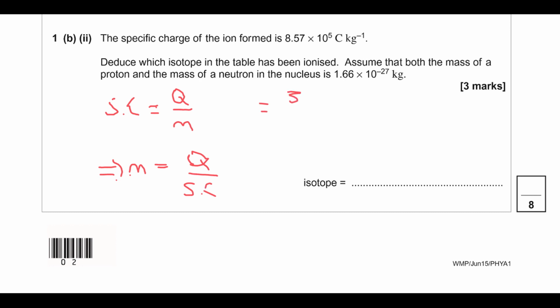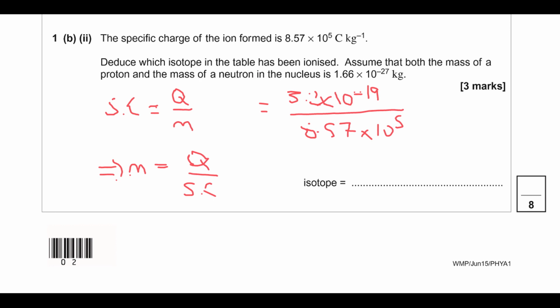So that's 3.2 times 10 to the minus 19, that's the charge. The specific charge, it said, is 8.57 times 10 to the 5. Right, so let's do that so we can work that out. So 3.2 times 10 to the minus 19 divided by 8.57 times 10 to the 5. And that gives us a value of 3.73 times 10 to the minus 25.